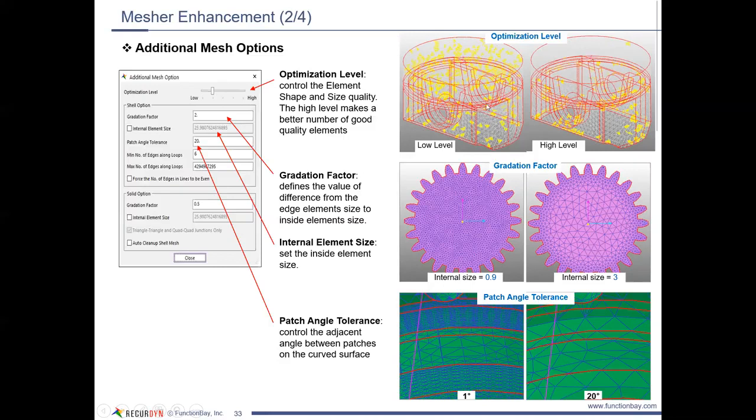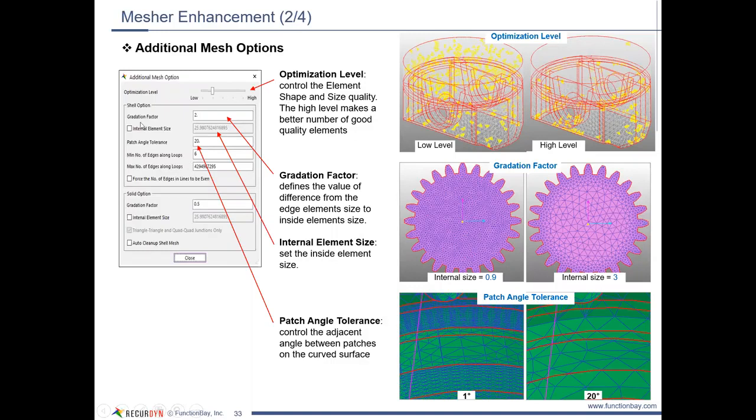That will highlight the elements, the faces that are not meeting the quality standard. So you can see with the low level of optimization, quite a few elements are not meeting the quality standard. When we switch to a higher level, many of these elements are corrected to meet the quality standard. So that's just a slide bar that you can control.